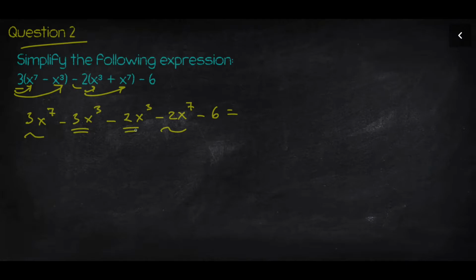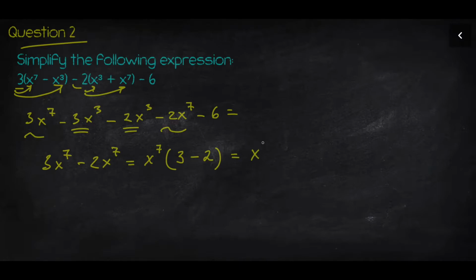In order to do that, the actual strategy here, for example, I just show you why it's that so that you understand. What I'm going to do, I'm going to factorize x to the power 7 because of the common factor, and in the brackets we'll get 3 minus 2. Okay, so you subtract, you'll get 1 times x to the power 7, which is just x to the power 7.